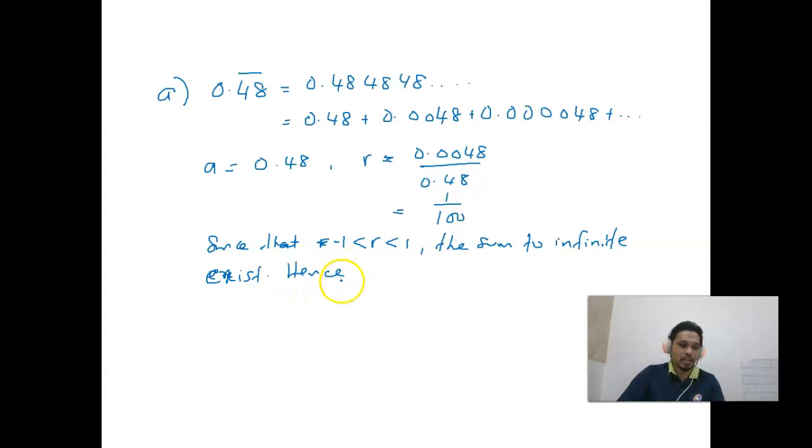Hence, 0.48 bar equal to A divided by 1 minus R, which is 0.48 divided by 1 minus R, where R is 1 over 100.